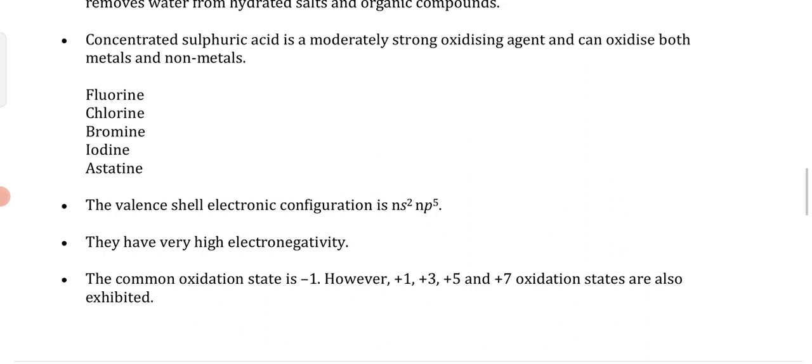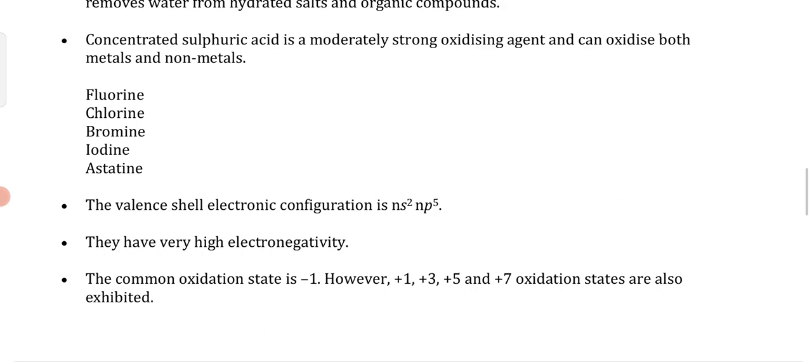The valence electronic configuration of group 17 elements is ns2 np5, that means 7 electrons are present in the valence shell of group 17 elements. They have very high electronegativity because they have 7 electrons in the valence shell.